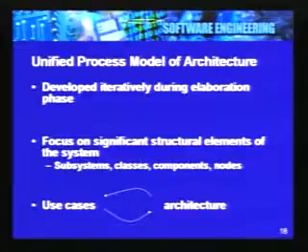The focus for the architectural team is on significant structural elements. You are talking about subsystems, important classes, components and nodes. As you refine your architecture, you might refine your use cases and accordingly might refine your architecture. So this is one approach to architecting systems.